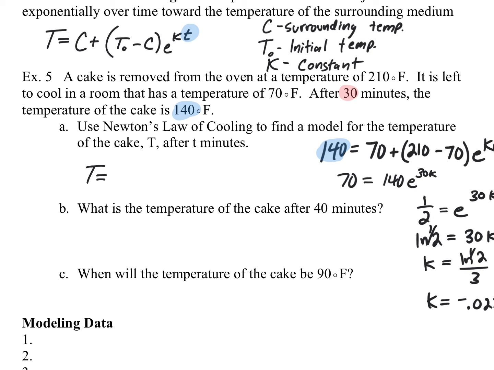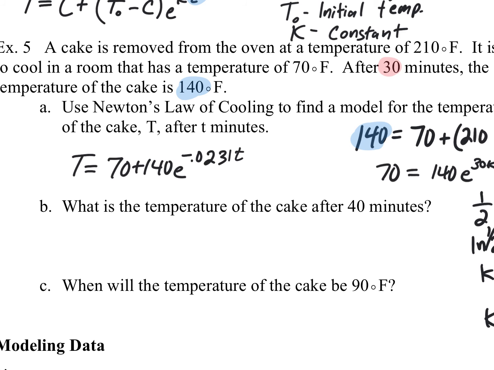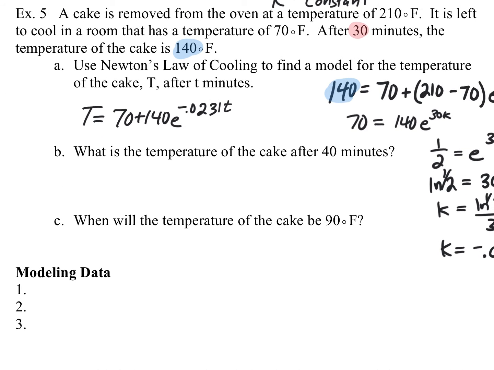The model we're going to use is the current temperature equals 70 plus 140 times E to the negative 0.0231 T. Now, we can use this model to approximate the temperature after certain values, and to make estimates and approximations about at what time certain temperatures will be reached.